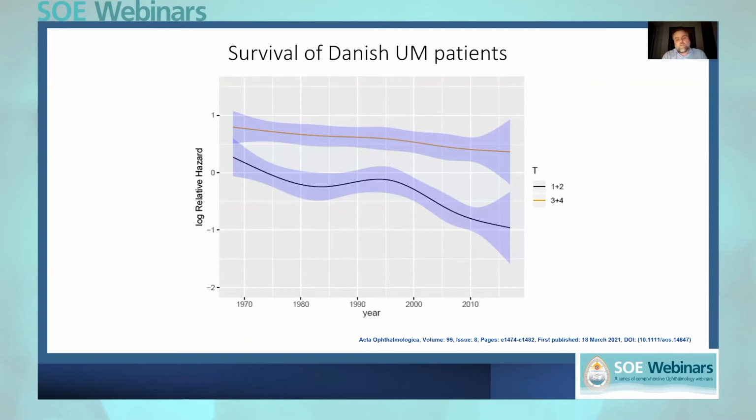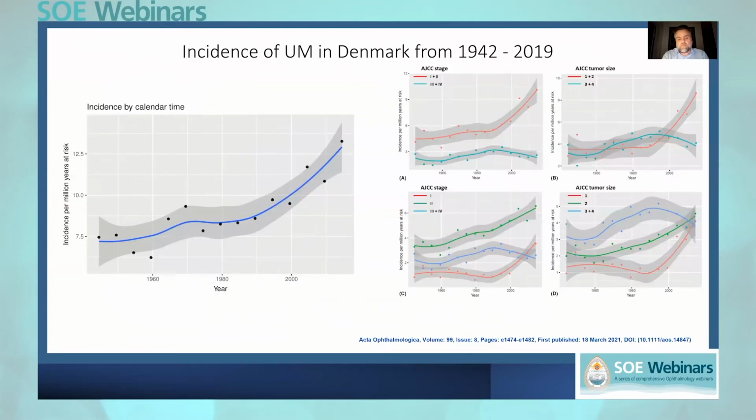And interestingly, we saw that the survival of patients with small tumors actually improved during the period, whereas patients with large tumors had basically the same survival over the whole period. We also found that the incidence of uveal melanoma is rising in Denmark, and we now have about 12 per million persons.